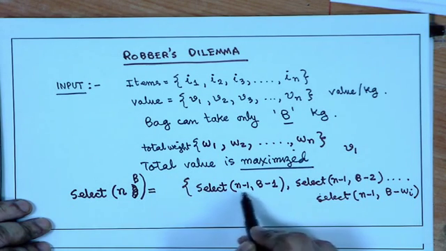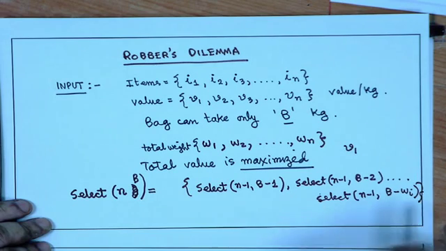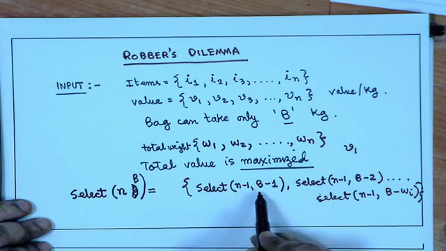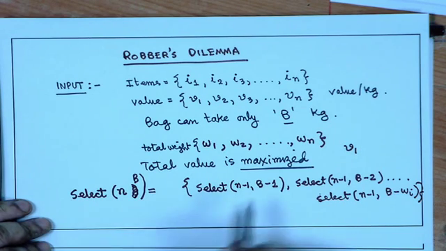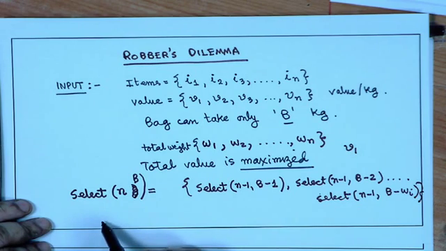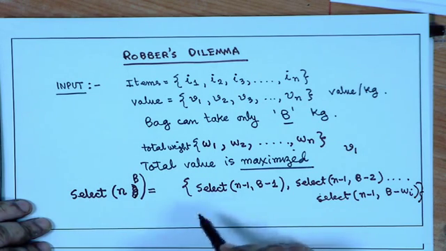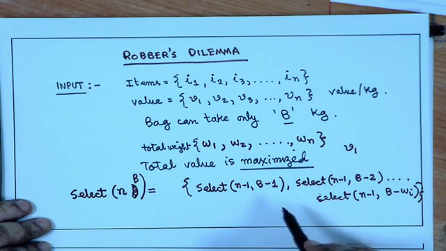And why did I put n minus 1? Because when I put n minus 1, this means he has chosen item number 1. Now, when I go to n minus 1, he will choose item number 2, then item number 3, item number 4, item number 5, and so on.